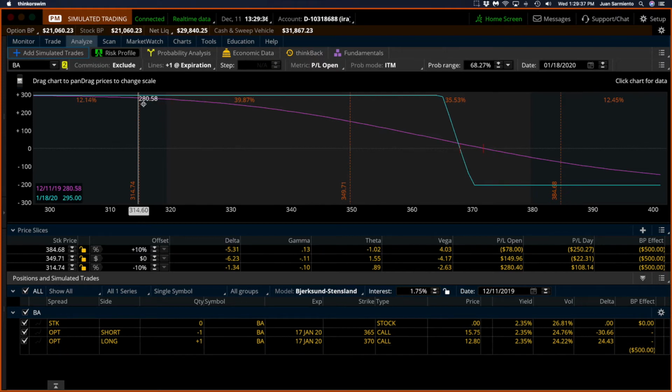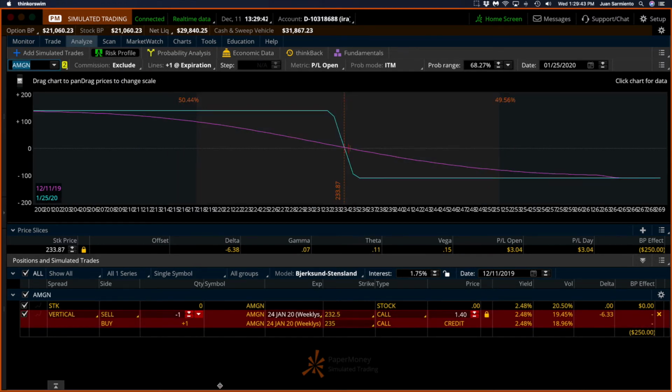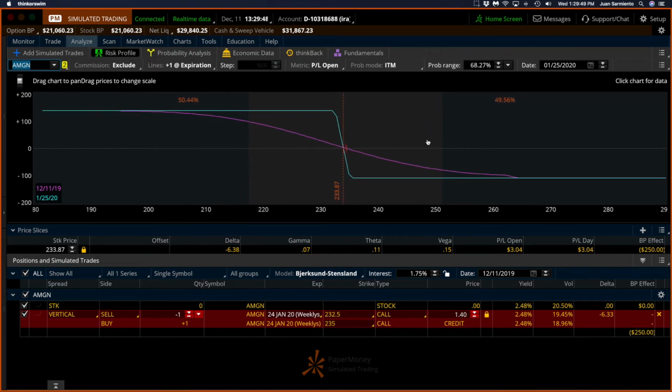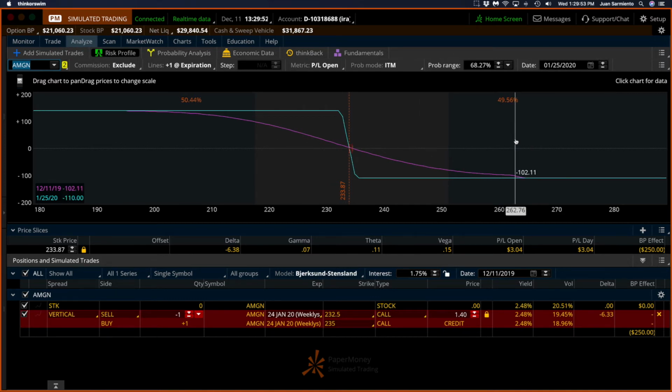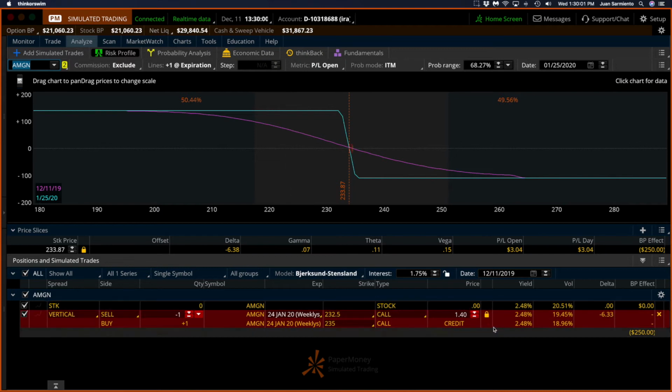And then I have a new trade that I want to enter on AMGN. And this is a bearish trade. It's a short call spread to expire in January 25th, risking $258 to make 140. That doesn't sound good.